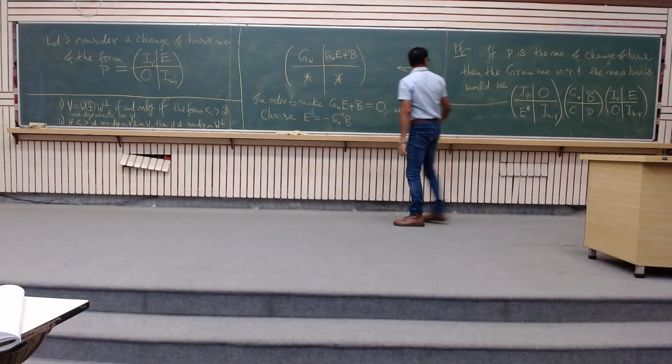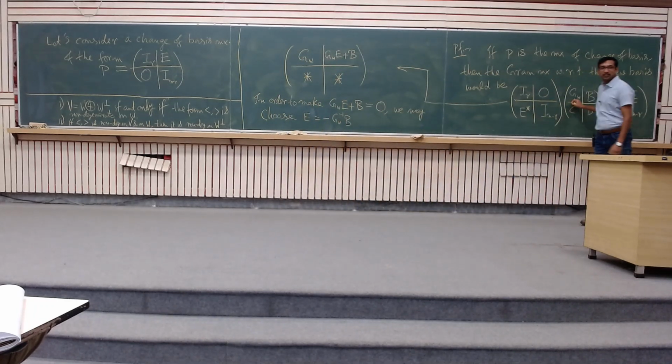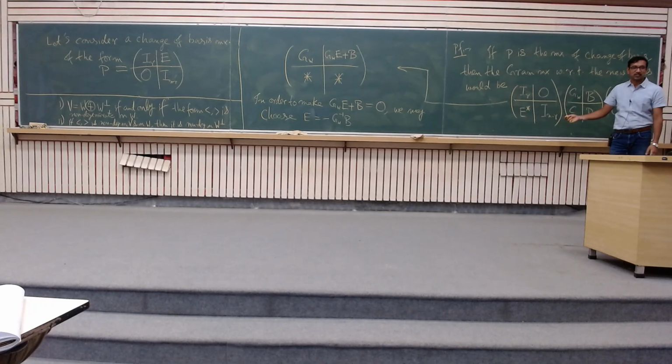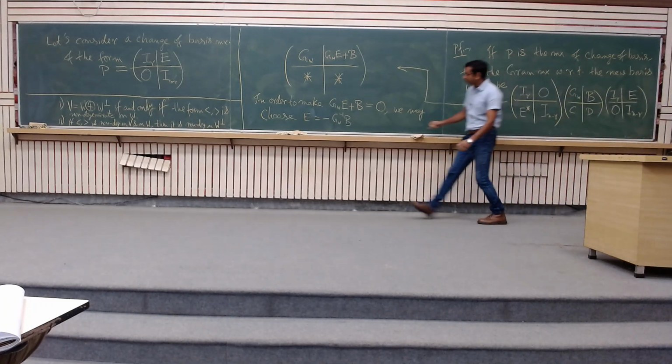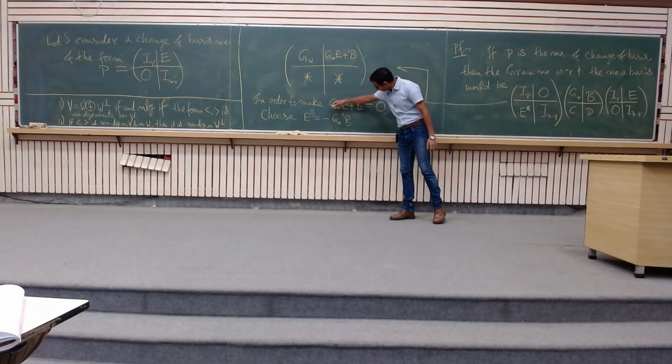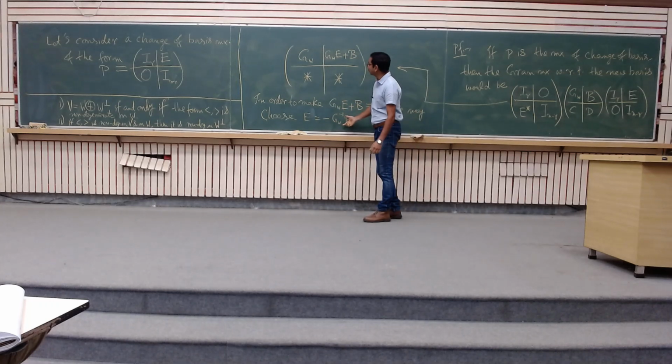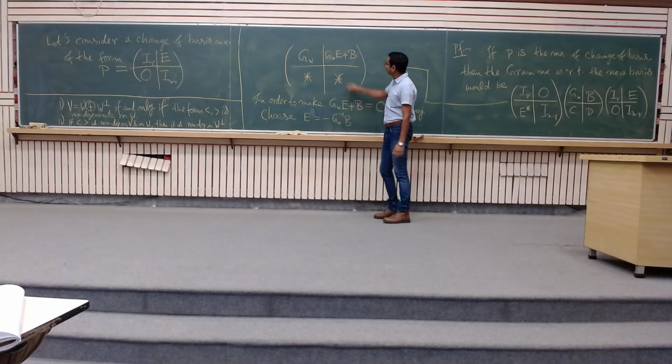So we know that GW is non-singular, and therefore the inverse exists, okay? And therefore we can indeed write the negative of GW inverse B, this makes sense, okay? So choose E to be of this form, and then you get just 0 there, okay?